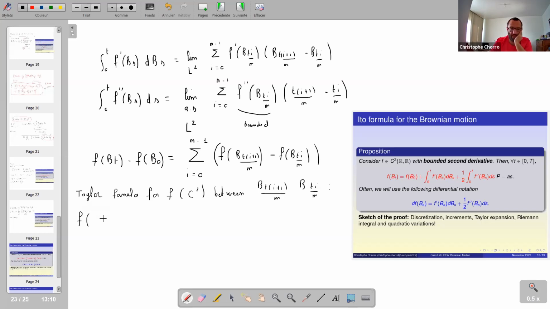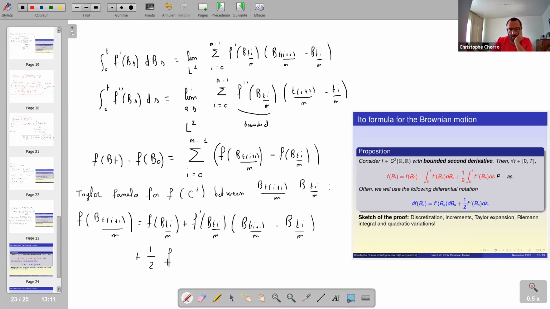So what do I obtain? f of B_{t_{i+1}/n} is equal to f of B_{t_i/n} plus f prime of B_{t_i/n} times B_{t_{i+1}/n} minus B_{t_i/n}, plus 1/2 the second derivative of what? Just let me take one second to clarify what I have here.